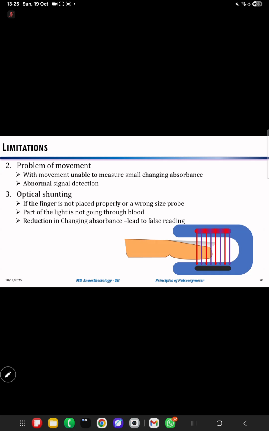Same with the thing called optical shunting. If the finger is not placed properly, or if you are using a wrong size probe, we might not get the proper reading, because again, the reason is the reduction in the changing absorption, which is only a small part.